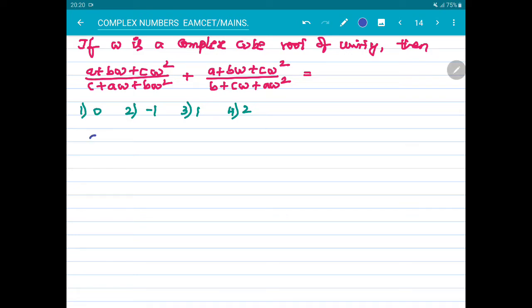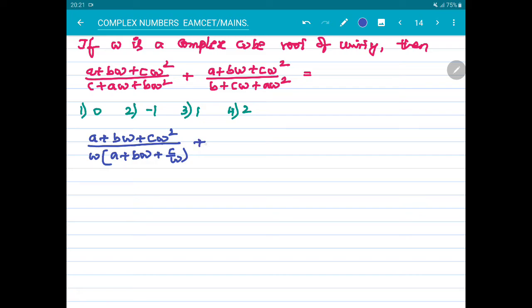a + b omega + c omega^2. From the denominator, we are going to take omega as the common factor. So, omega times (a + b omega + c by omega), right?